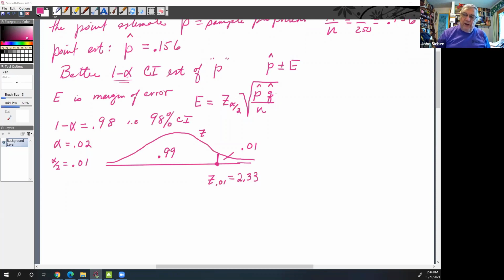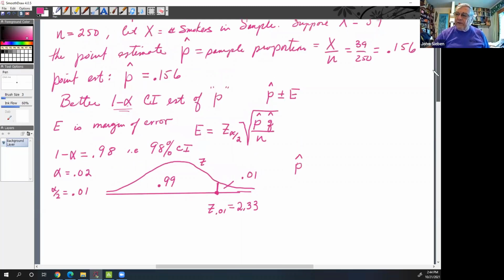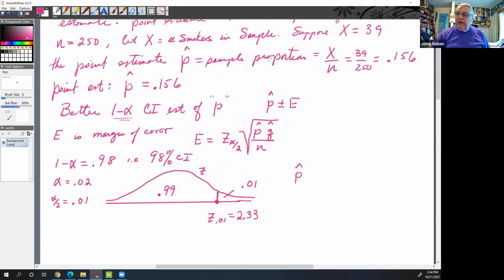Now we need the P hat and the Q hat. Well, P hat we computed a while ago. It's up here. I'll scroll back up so you can see it again. P hat is the sample proportion. It's 39 over 250, which is 0.156. So P hat is 0.156. And Q hat is the complement.